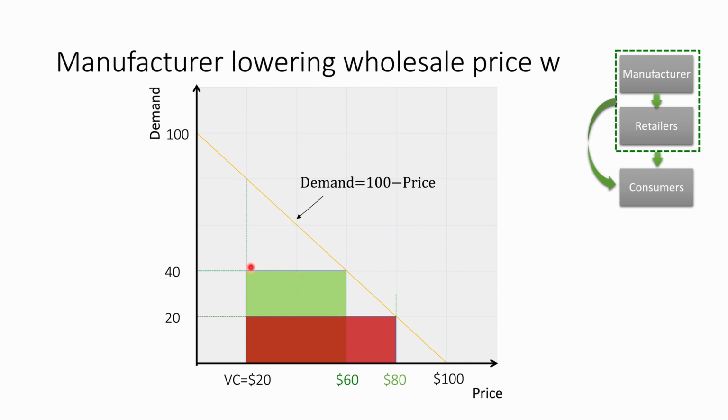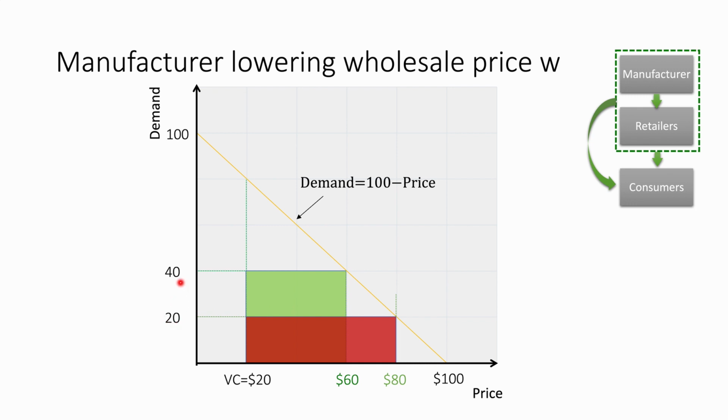And the demand as a result of lower retail price is actually higher at 40 in this case. When they maximize their profits independently, the retail price is higher because this retail price has to be set based on the wholesale price instead of the variable cost. So this retail price is higher, and as a result, the market demand is actually lower.